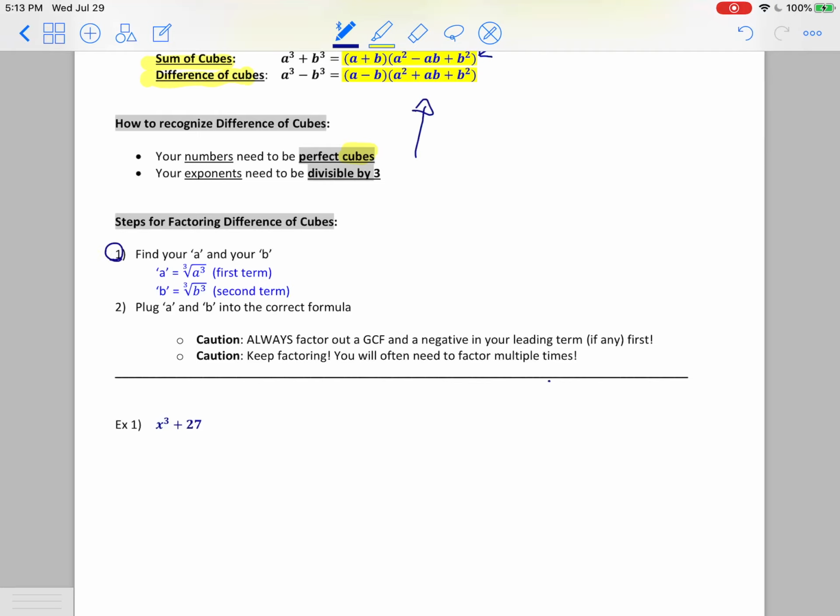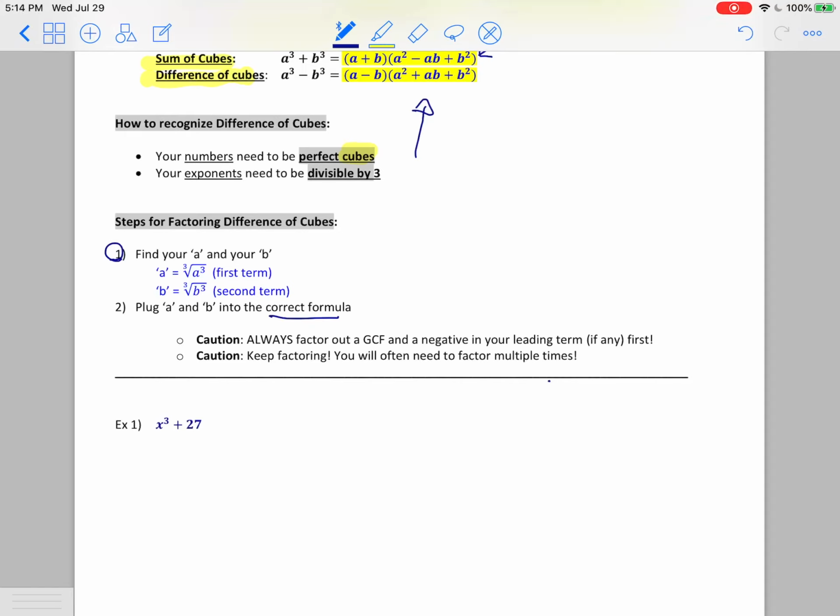So we need to find our A and find our B. A is the cube root of our first term, the A cubed, and B is the cube root of our second term, the B cubed. Once we find our A and our B, we plug into the correct formula. If it's a sum of cubes, we use that formula. If it's a difference of cubes, we use the other formula.